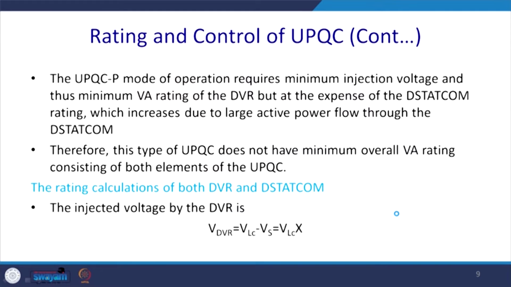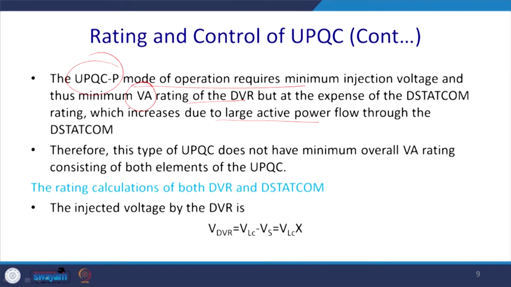Now, in case of the UPQC P, as we have mentioned already, that mode of operation requires minimum injection of the voltage and thus minimum VA rating of the DVR, but at the expense of the D STATCOM current rating, which increases due to the large active power flow from the D STATCOM to this DVR.